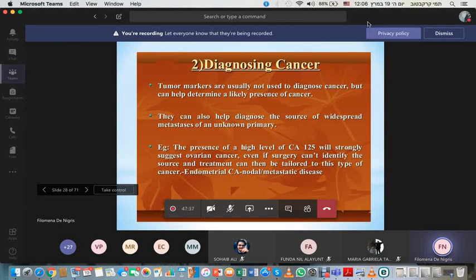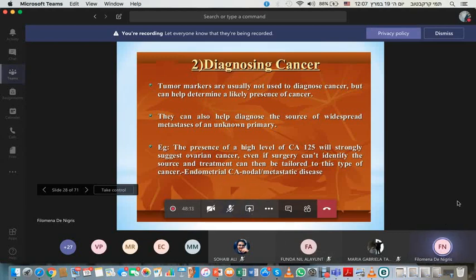Sometimes they can help when we have a spread cancer, when we have metastasis and we don't know which is the primary site of the tumor. On the basis of the markers that we use, we can choose which is the primary tumor. We can ask for several tumor markers to see what kind of primary tumor it could be.